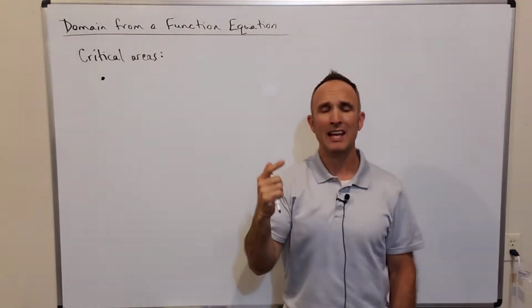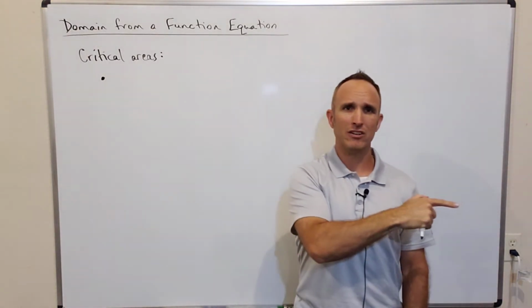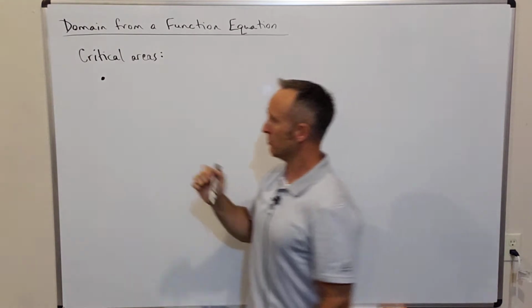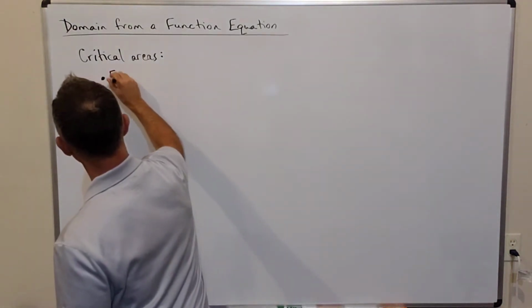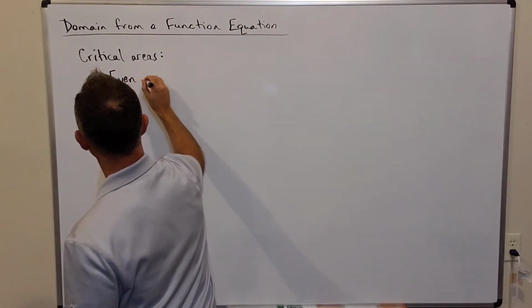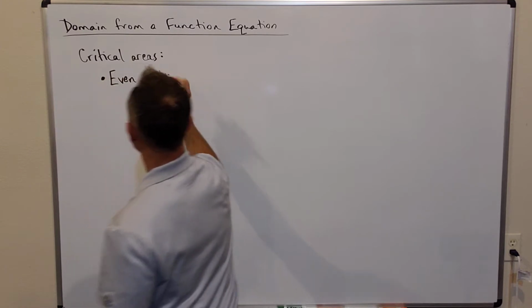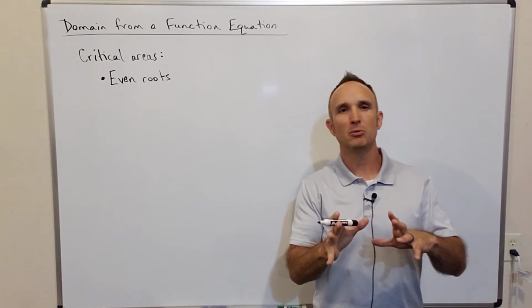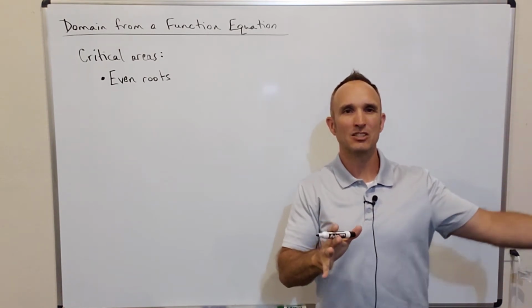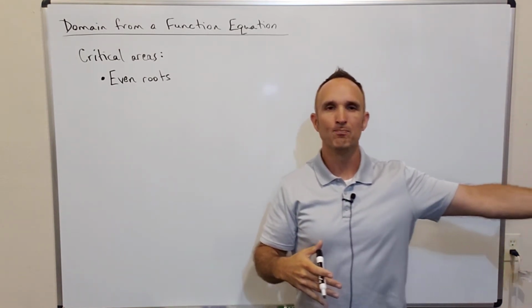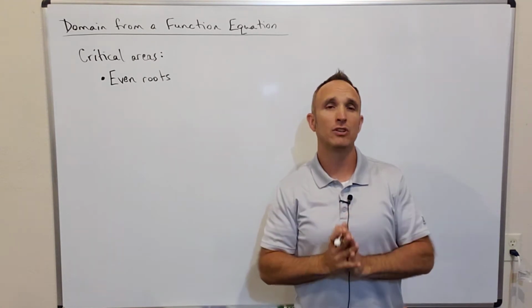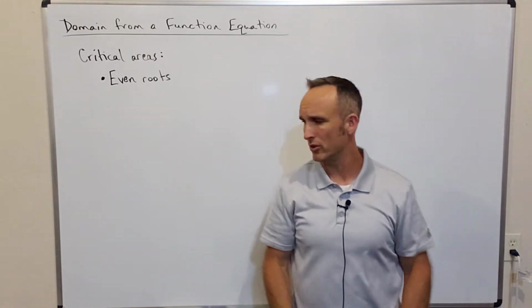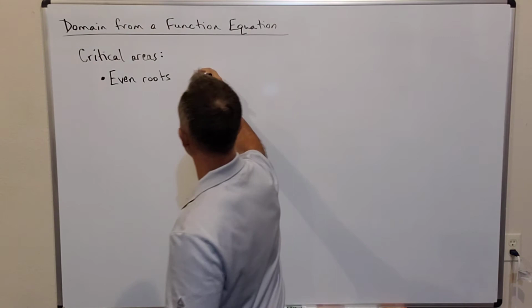One of them will be, how do you get imaginary numbers? And you can only get imaginary numbers if you have even roots. So what I mean by that is square roots predominantly, but it could also be fourth roots and sixth roots and eighth roots, okay? Odd roots will never give you imaginary numbers, so we're not worried about those. So even roots are a critical area.